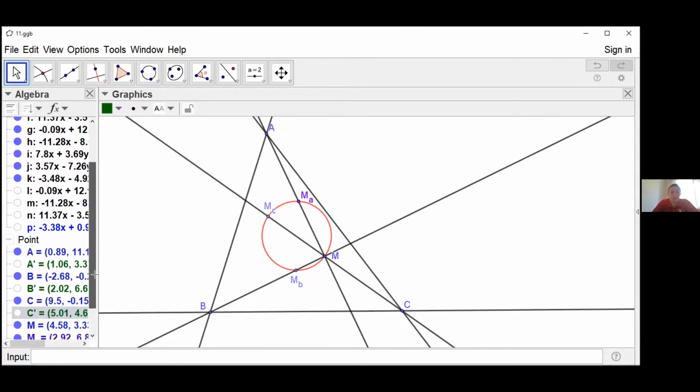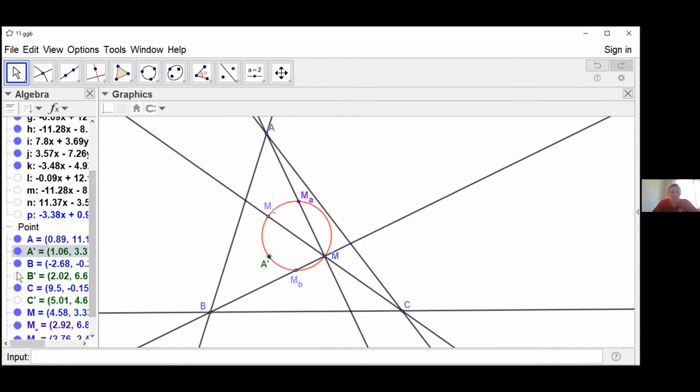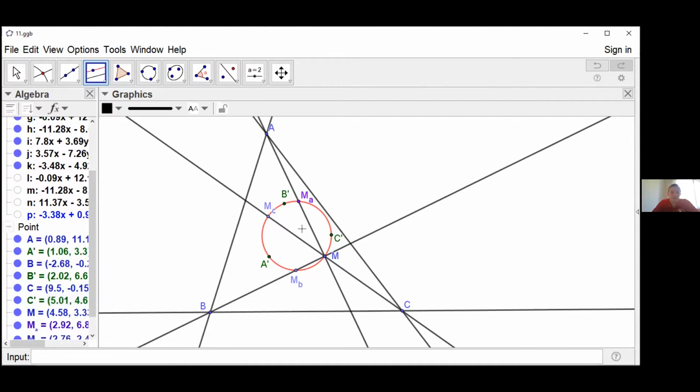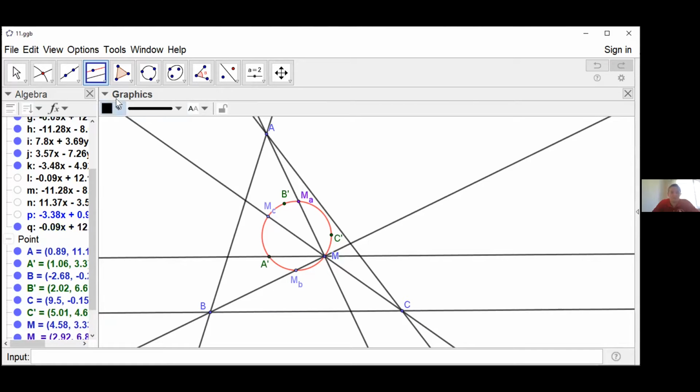Then we construct more points A prime, B prime, C prime on this circle, in such a way that line MA is parallel to BC and so on. Similarly, we construct the other points.